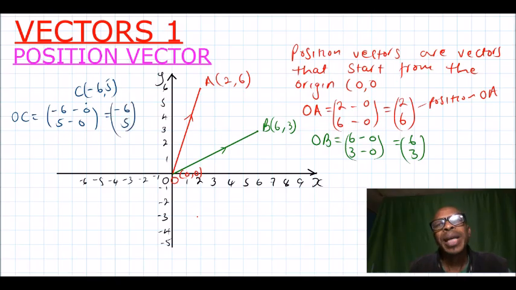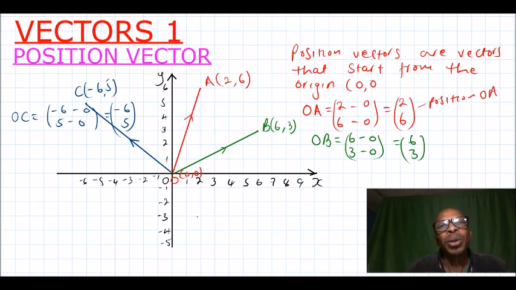So there's something you can note here. We started with OA. The coordinates of A are 2, 6. The position vector OA is 2, 6, but now in column form or vertical form. The coordinates of B are 6, 3. The position vector is 6, 3. Let me complete that, so that is the vector OC.